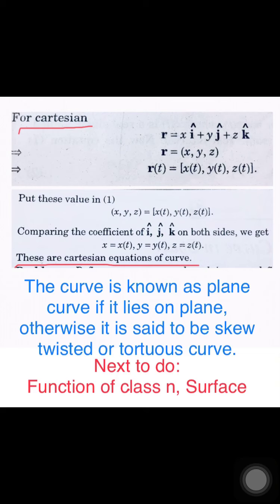The simple difference is that if the curve lies in a plane, it is called a plane curve. If it does not lie on a plane, but lies on a surface or any other type, then it is known as a twisted or tortuous curve.